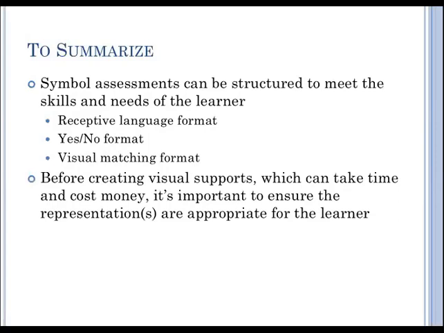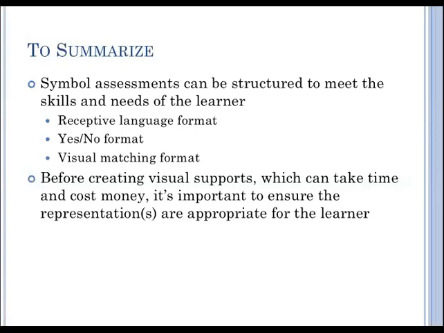When you're doing that symbol assessment, you can structure it in a variety of ways to meet the needs of the person you're focused on. So if they have an understanding of instructions like point to, look at, or give me, you could use a receptive language format. If they have a clear yes/no response, you could hold up items and ask them, is this, and get a yes/no answer.